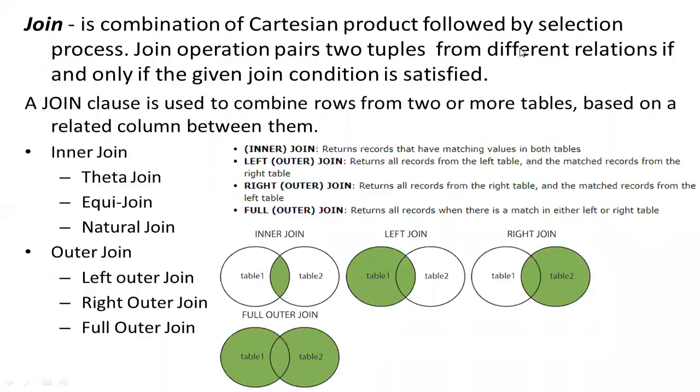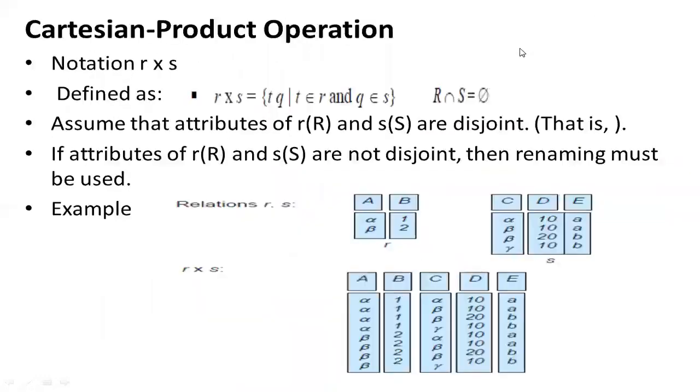So the joining operation involves two basic operations: one is Cartesian product and the other is select. Let us discuss the Cartesian product and then we'll come back to join again. I have put one more video on the Cartesian product in the relational algebra concept, so you can see that topic there also. Let us discuss the Cartesian product.